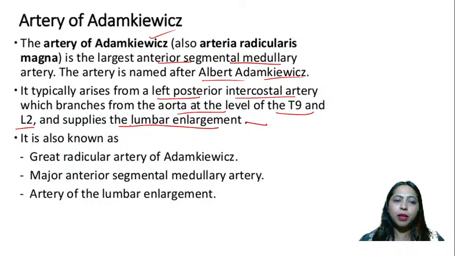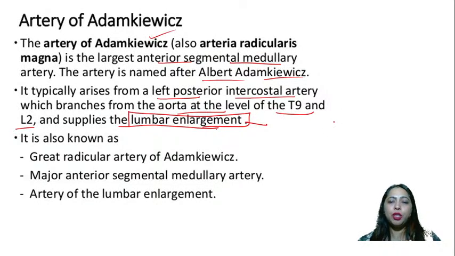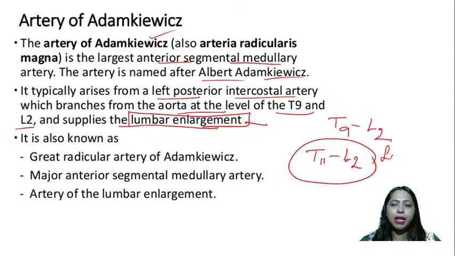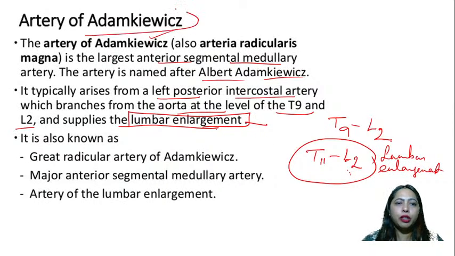So this is one important thing: the lumbar enlargement, which is lying between T9 and L2. Okay. Sometimes it is T11 to L2 that is given in some of the books. This is the lumbar enlargement, and this is supplied by this particular artery of Adamkiewicz.